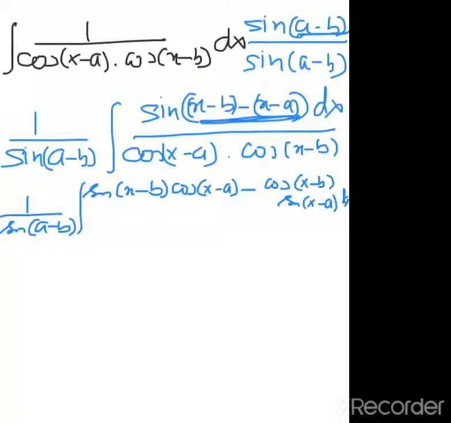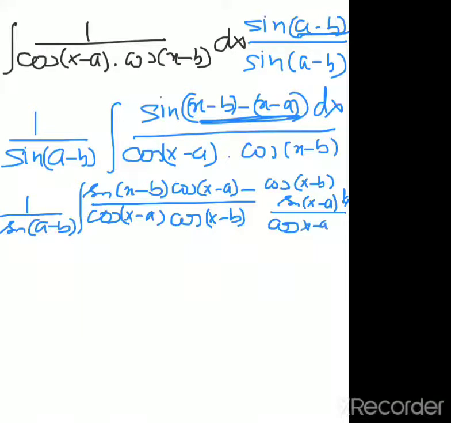I am taking it separate. So when we take it separate, it will become cos(x minus a) into cos(x minus b). Now whatever we can cancel, we are going to cancel.